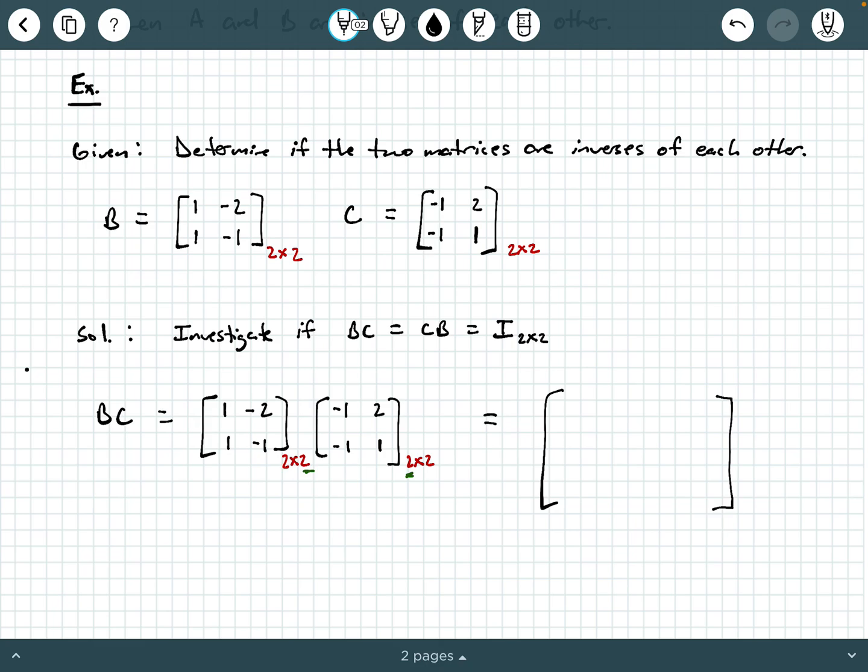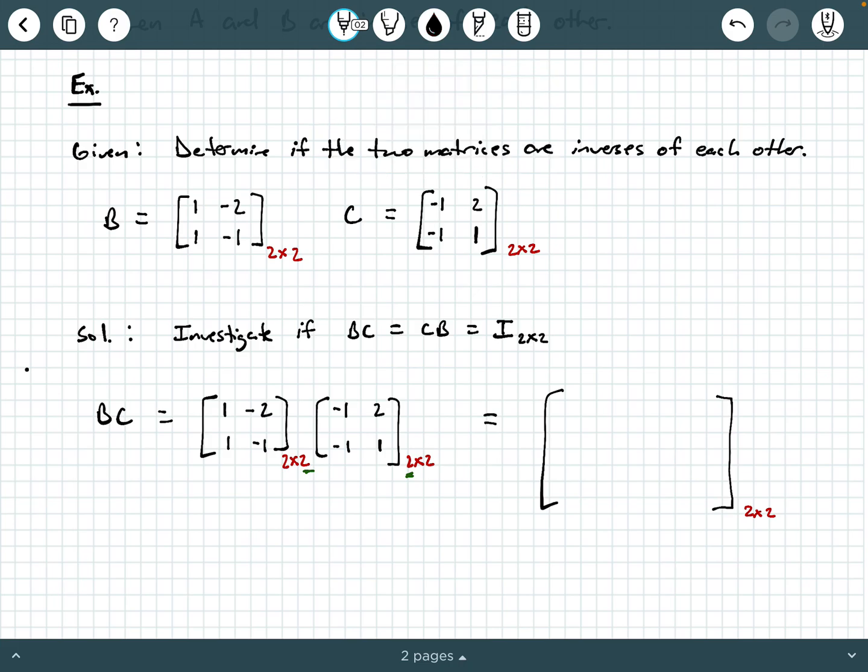Well, the size of the product will also be a 2 by 2. Because the product will have the number of rows equal to the number of rows in the left matrix, and the number of columns equal to the number of columns in the right matrix. If you're a little rusty on matrix multiplication, go back and watch one of my previous videos where we specifically spend time on matrix multiplication.